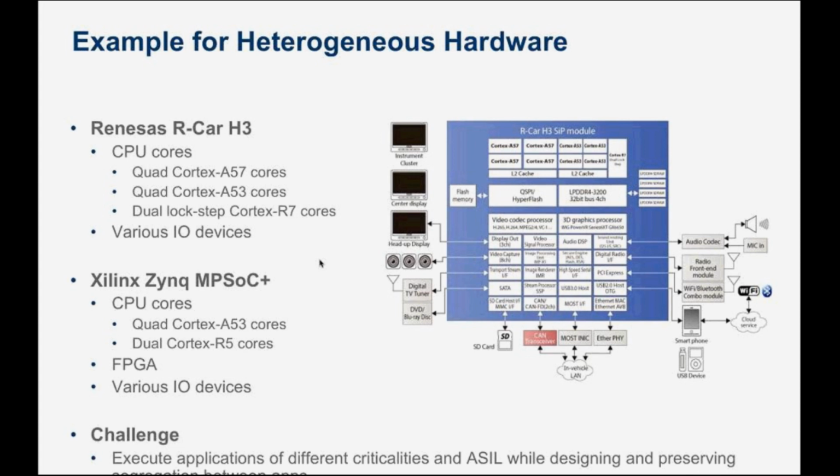And the challenge is here to be able to execute applications with different criticalities or ASIL levels, because now that we have so much computational power and we want to integrate more and more things onto one CPU, one SoC, we have the challenge of separating these things and making sure that different applications run smoothly beside each other.